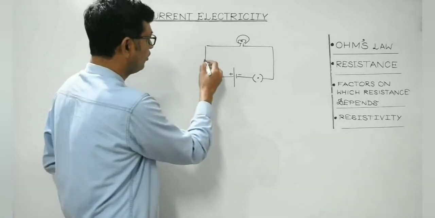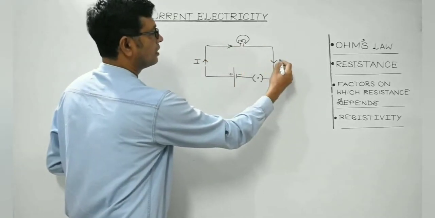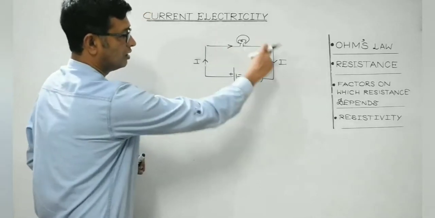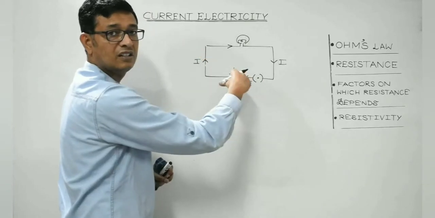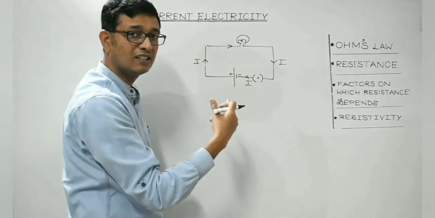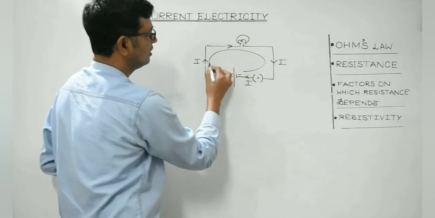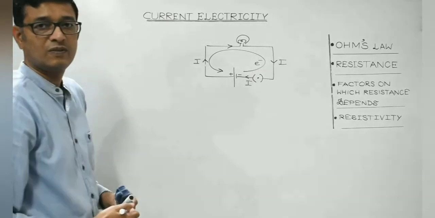Current will flow from the positive terminal to the negative terminal. This is the direction of the conventional current. But in order for the flow of conventional current, the electrons must flow in a particular direction. And the direction of the electronic current is from the negative terminal to the positive terminal. This is the direction of the electronic current, that is, the electrons.